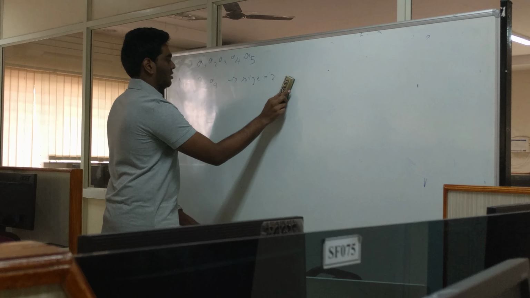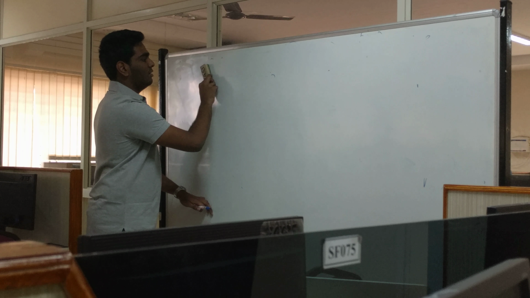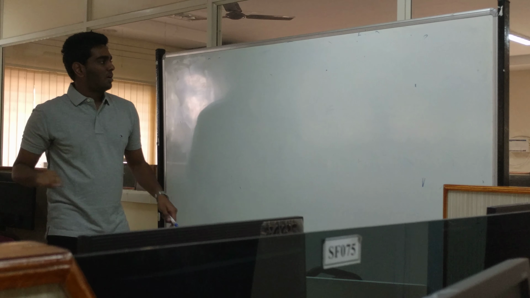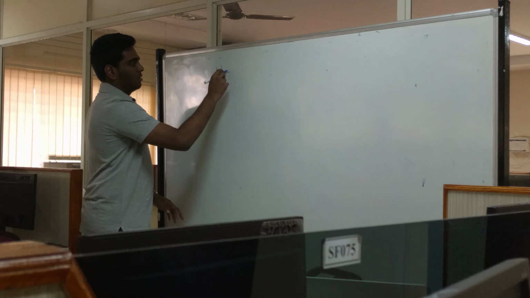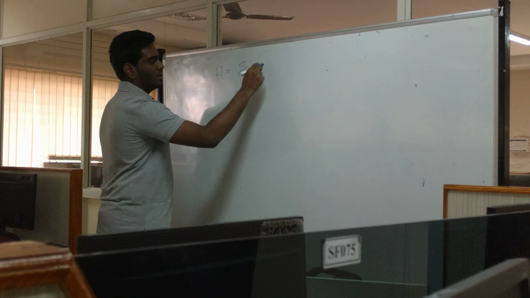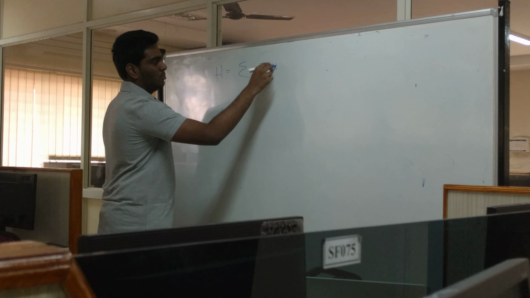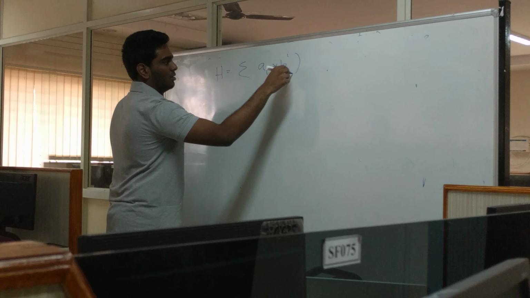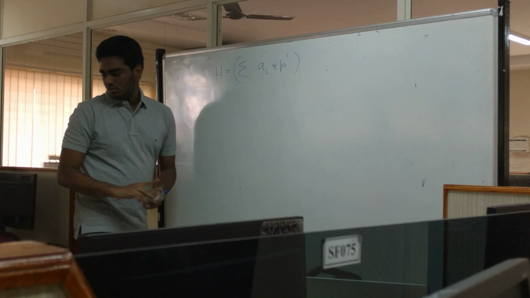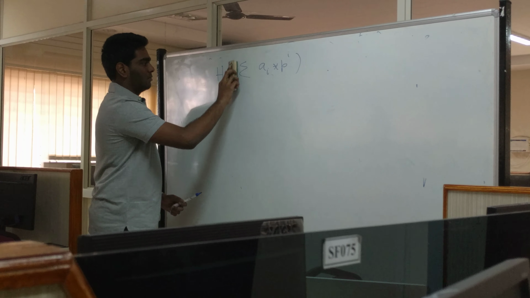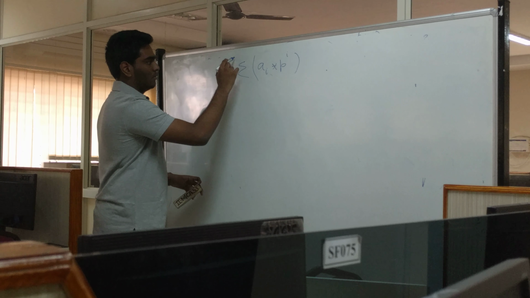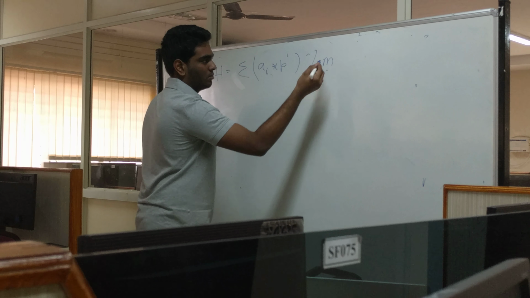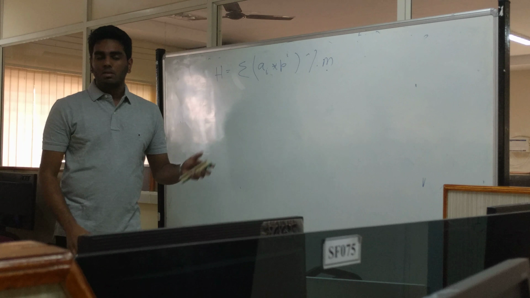So in general I can define the hash as summation ai into p power i. It's correct, is it?